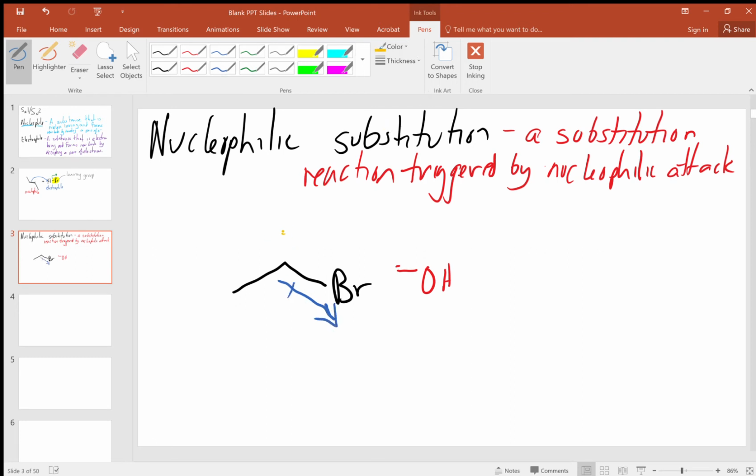So that means we have a partial positive on carbon, partial negative on bromine. Well, the hydroxide, with its negative charge, is going to be a nucleophile, while the carbon that has the halogen attached to it is electron poor, and it's going to be an electrophile.